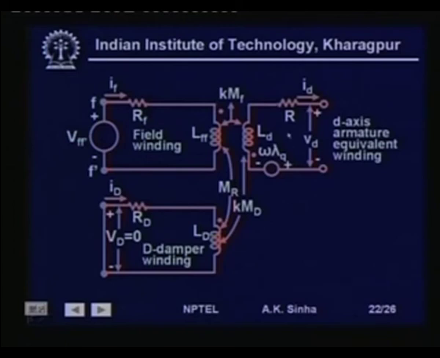Now, most synchronous machines also have a damper winding, which is basically copper bars embedded in the pole faces and shorted at the two ends. That represents a short circuited winding because of the eddy currents flowing in it, which has mutual inductance with the field and the direct axis winding.